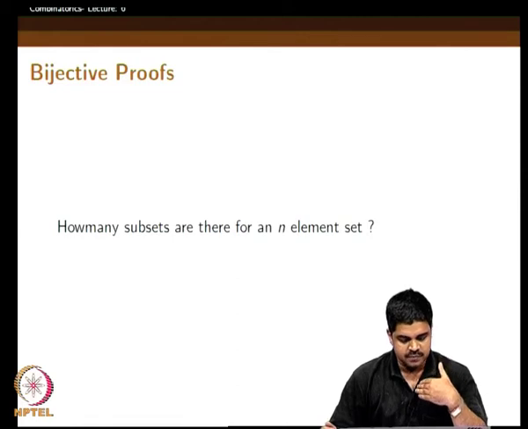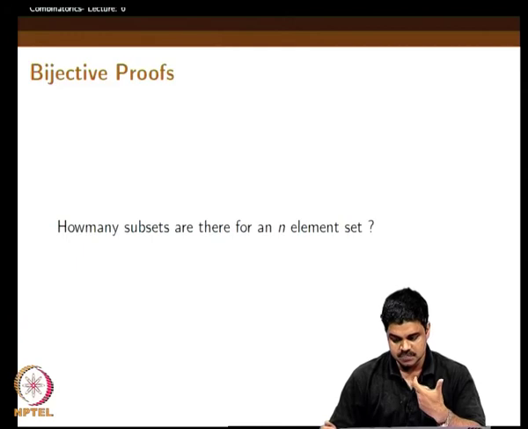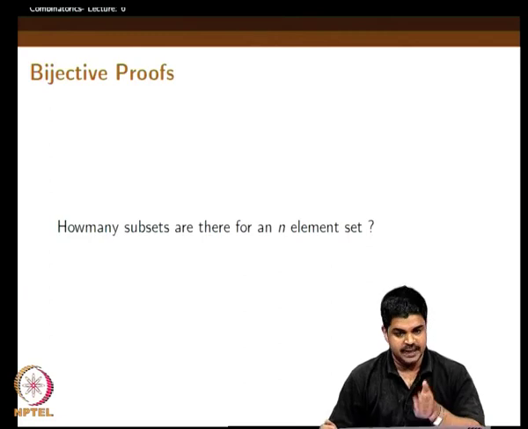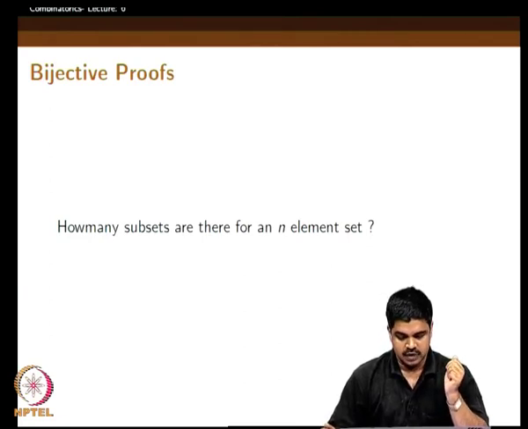Every member of T gets only one image in S, but S can get several pre-images, exactly d of them. But then we saw that if you want to count S, one way is to count T and divide by d, right.